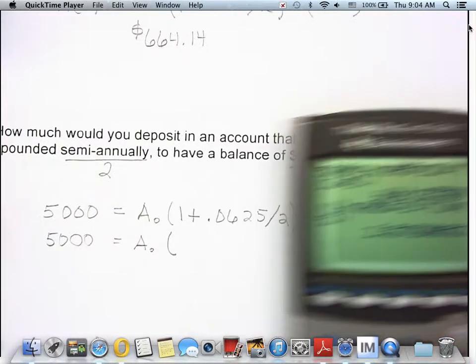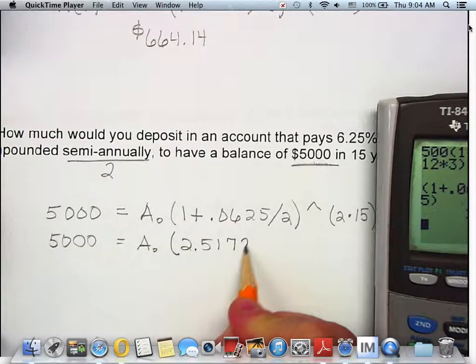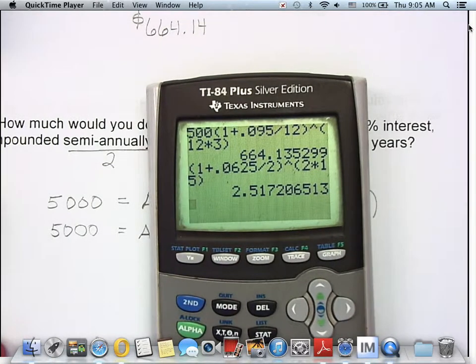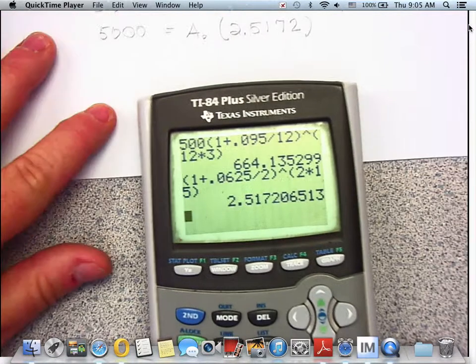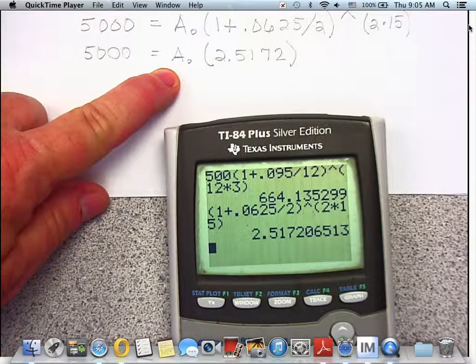Do at least 4 decimal places so we can get it fairly accurate. Or you can leave it in your calculator. And what are we going to do on the next step? Divide by what?